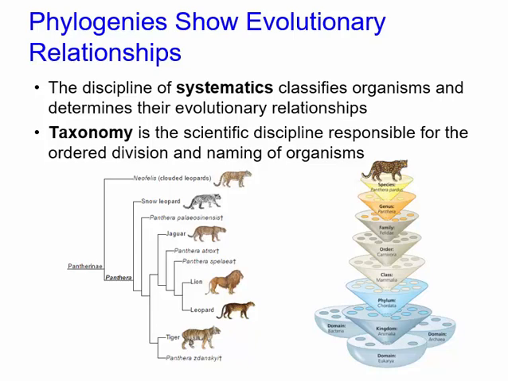A key piece of systematics, its own field really, but very important in systematics, is taxonomy. Taxonomy isn't about the phylogeny per se, but about creating ordered subdivisions. So think kingdom, phylum, class, order, family, genus, species, those groupings, and then naming organisms.